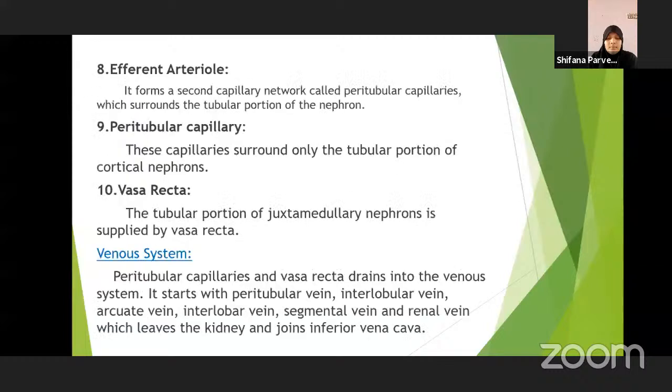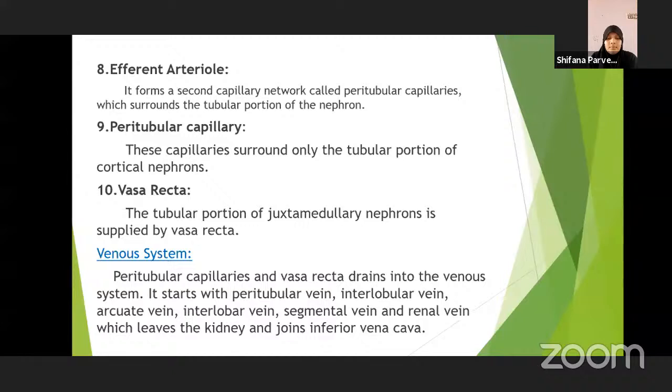The efferent arterioles form a second capillary network called peritubular capillaries, which surround the tubular portion of the cortical nephrons, forming a meshwork of microvessels whose function is to remove water and solutes.